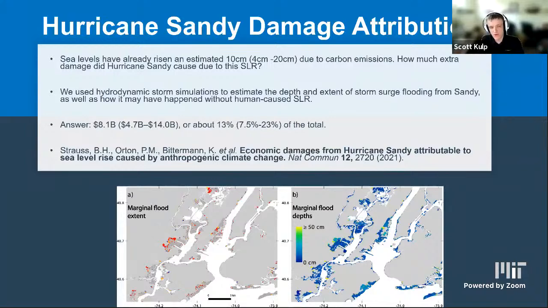We applied a damage model to it, and we found about $8 billion, or 13% of the total damage caused by the flooding in Sandy, was likely directly caused by this human-caused sea level rise. So I invite you to check that out.